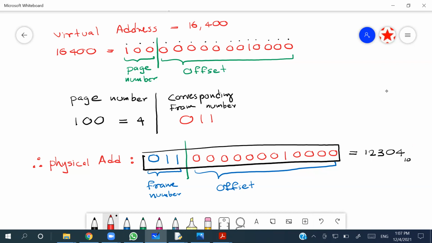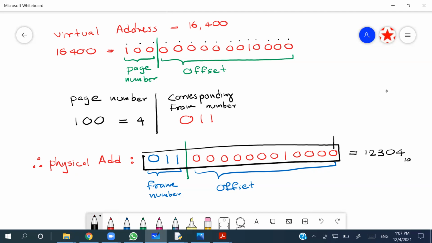Are you familiar with how to convert a binary value into a decimal value? Right.